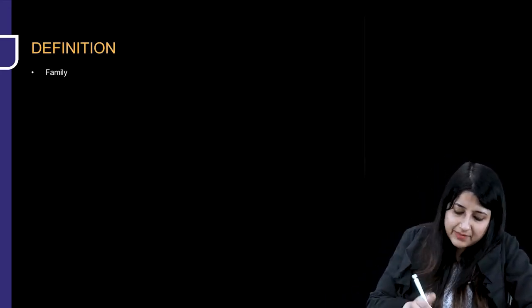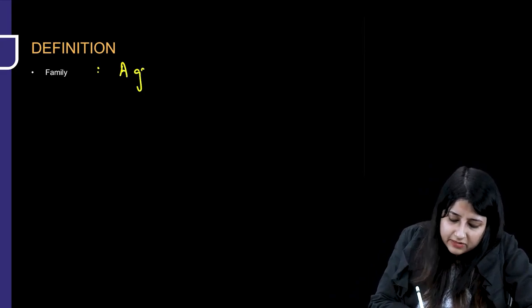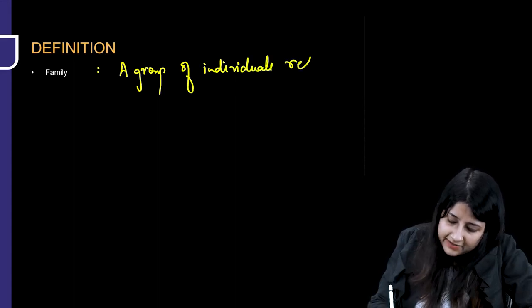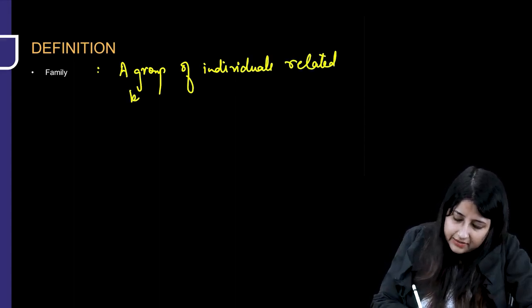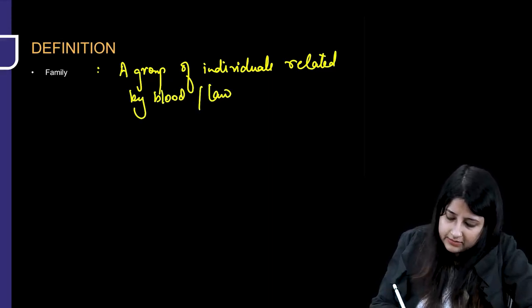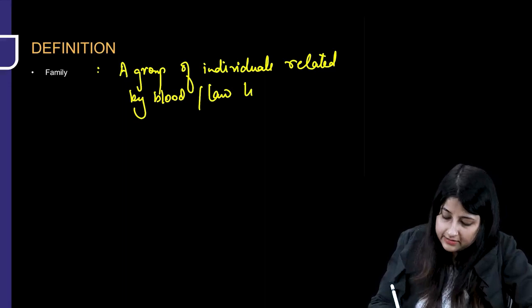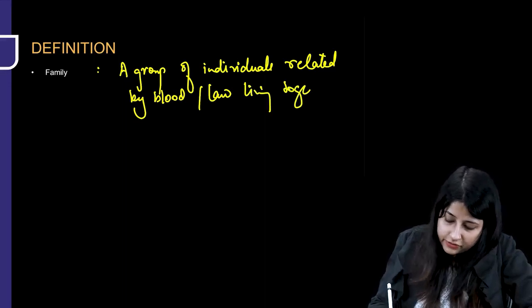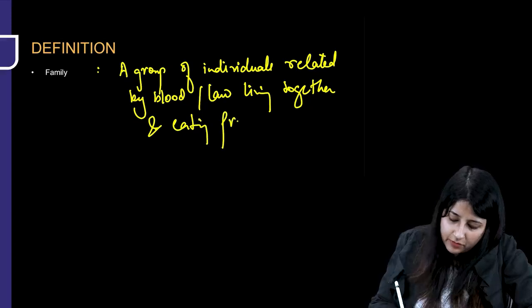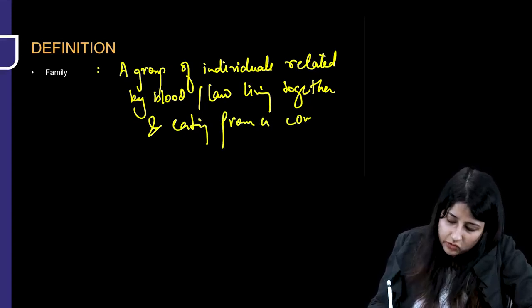So what is family? You all know family is a group of individuals related by blood or law, living together and eating from a common kitchen.